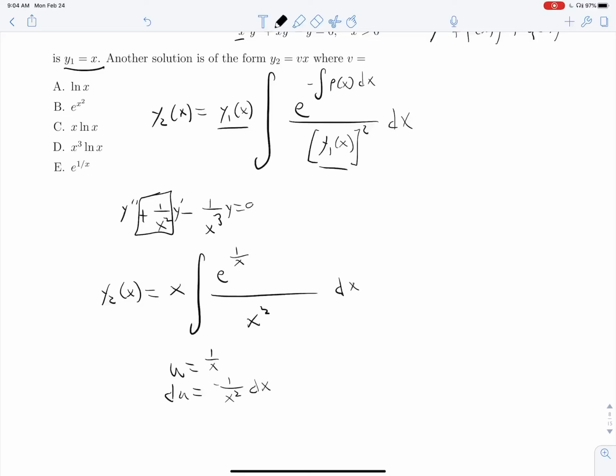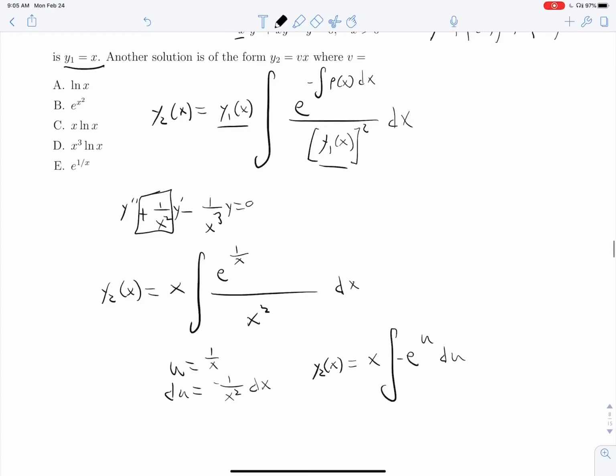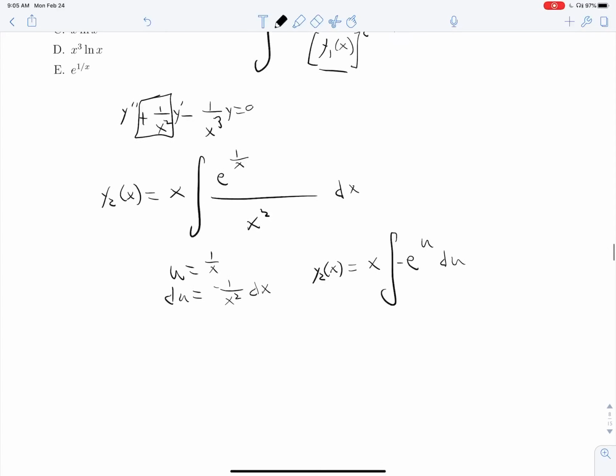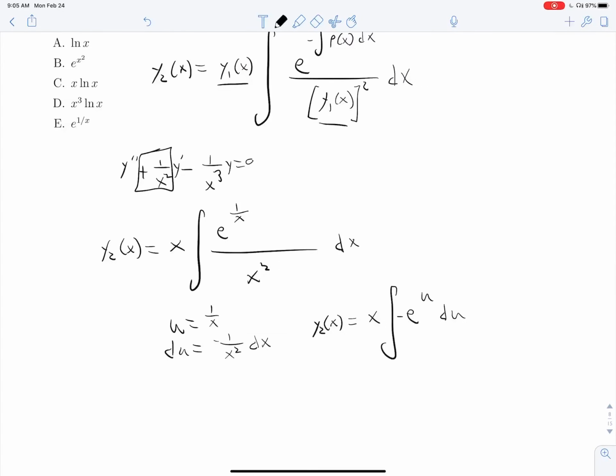And so applying that, we get y2 of x being equal to x multiplied by the integral of e to the u, negative e to the u, du. And this is perfect because our integral will give us y2 of x is equal to x times this function v that we're looking for, which is negative e to the u.